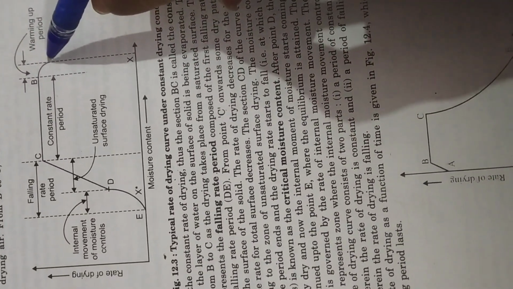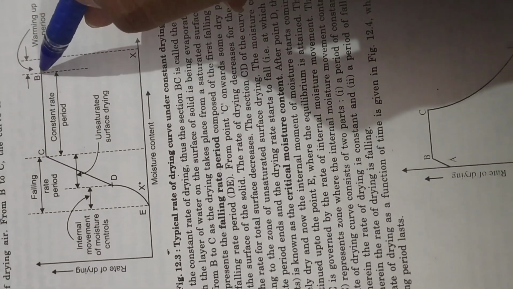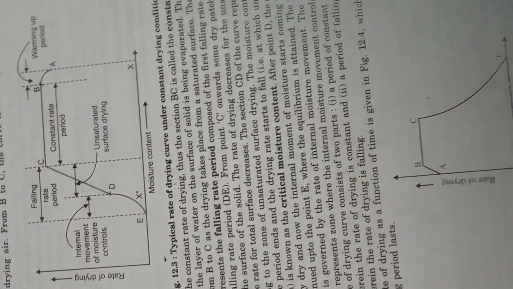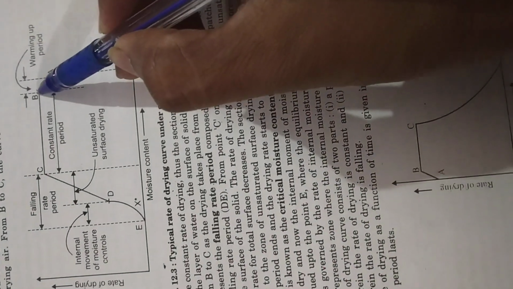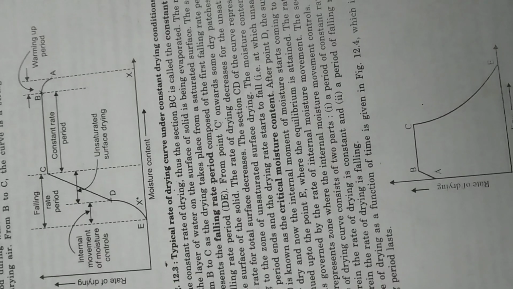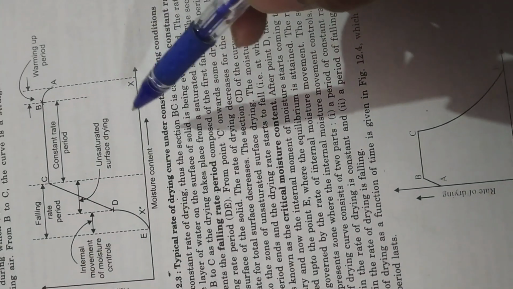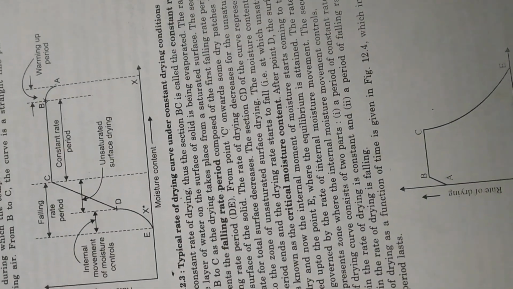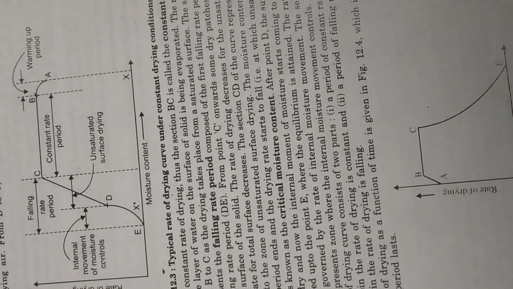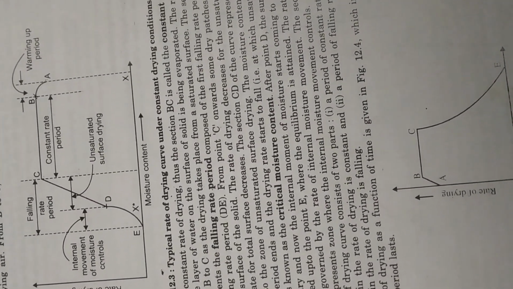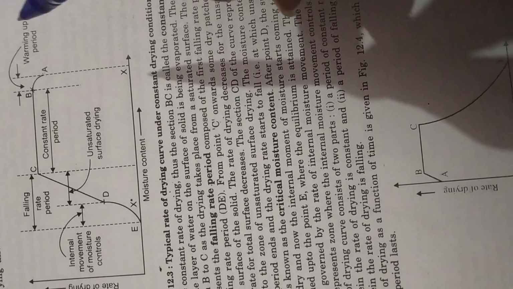Its rate increases gradually up to point B. After that we have the constant rate period, in which constant moisture is removed, meaning the rate is constant.